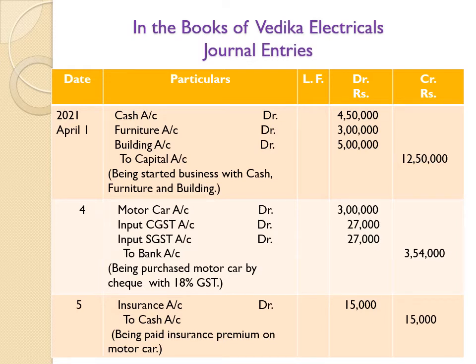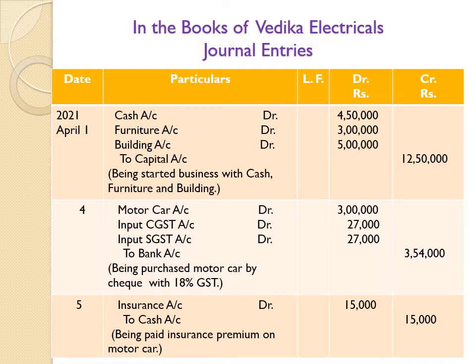Total 54,000, of which half goes to each, that is 27,000. Input SGST account debit 27,000, being purchased a motor car by cheque with 18% GST.